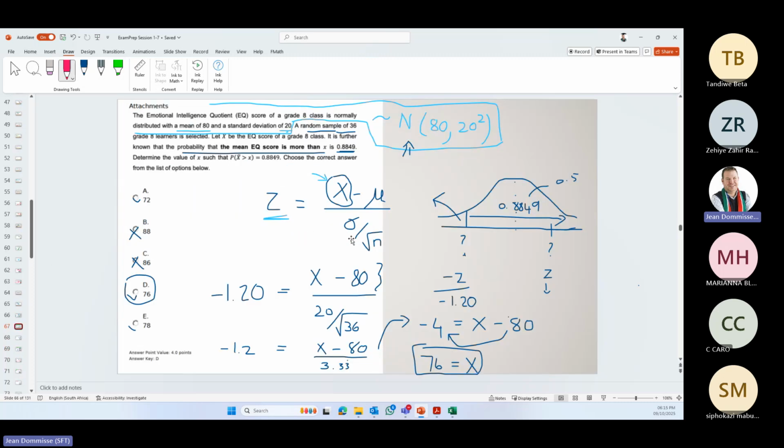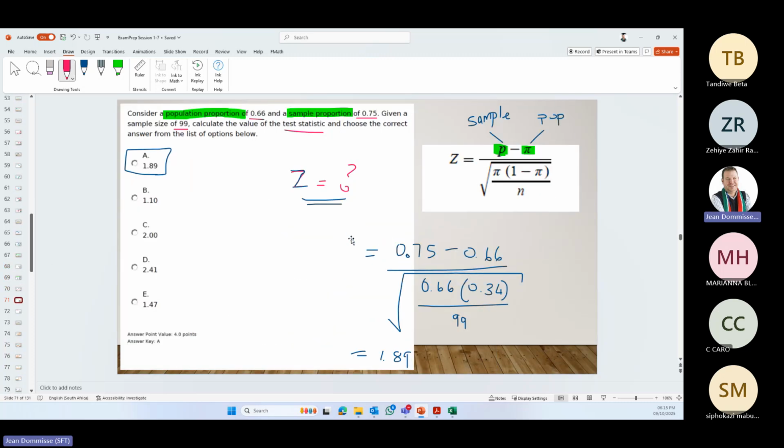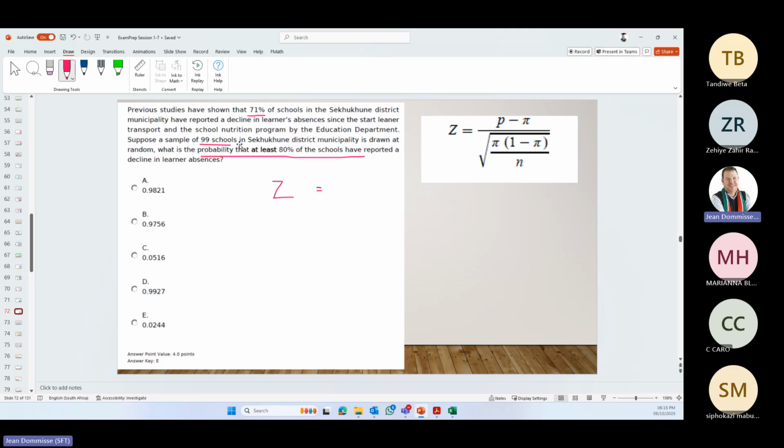In this one they don't tell us proportion, but they did not say we're working with a mean. Here they tell us how many schools. Proportion is a percentage of. How many schools at least? So again, we get the percentage of.